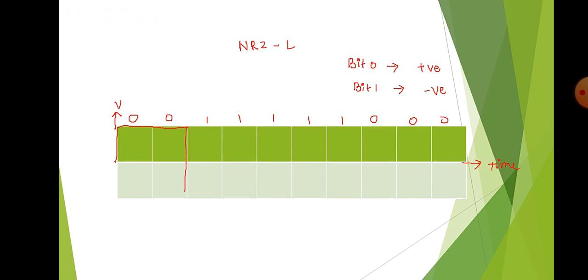Bit 1 can be represented with a negative voltage. Here it is negative. Once again bit 0 can be represented as positive voltage. So this is how we can represent the pattern 0, 0, 1, 1, 1, 1, 1, 0, 0 in the case of NRZ level, that is NRZ-L.